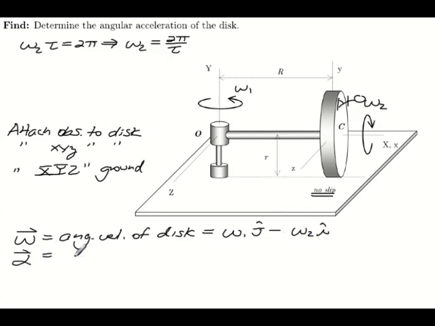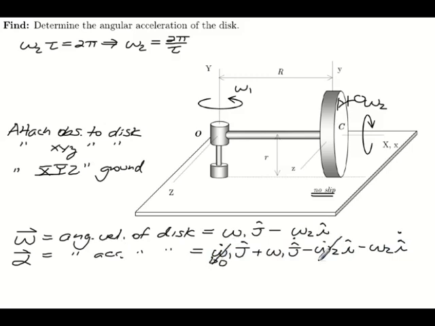Alpha, which is the angular acceleration of the disk, we get by differentiation of that: omega 1 dot j plus omega 1 j dot minus omega 2 dot i minus omega 2 i dot. These rates are constant, so that's a 0. J is a fixed axis of rotation, so that's a 0. So all we have left is minus omega 2 i dot, and i dot is omega cross i.